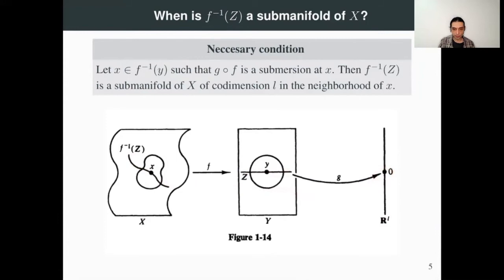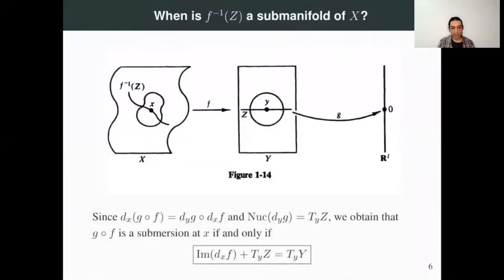That's what we are considering. And what we want is understanding when the differential of the composition of G and F at the point x is a surjective map.